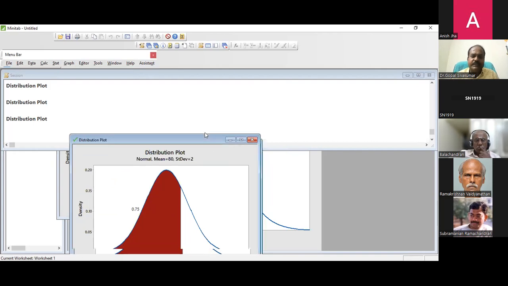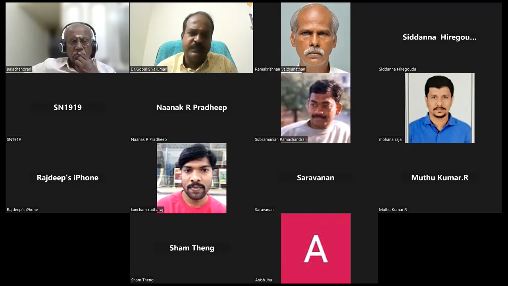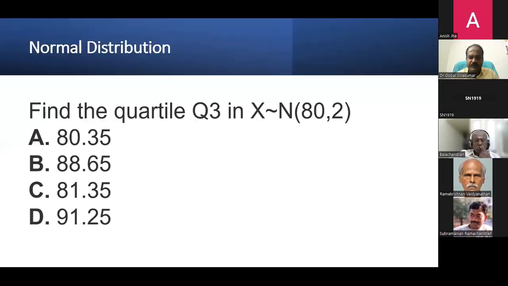Now also the answer is the same, 81.35. And now we have to check whether such an option is there in our question paper. If such an option is not there, the question paper is wrong. You should come to that level. Don't always believe everything. Now the answer option is there, right? So the right answer is 81.35. All of you are with me on this question?